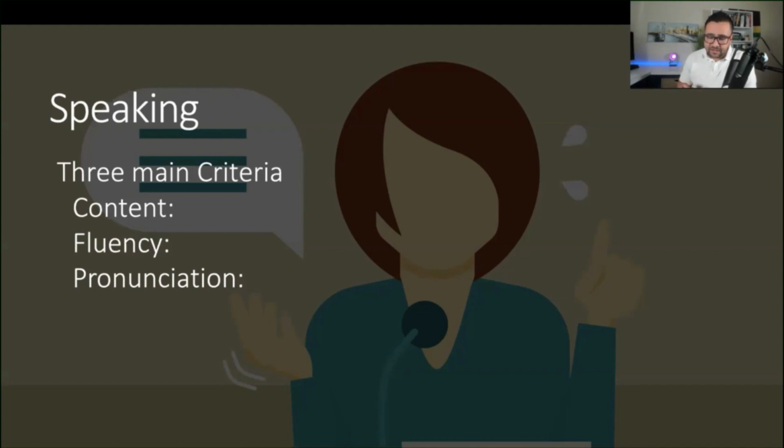Then after that, you have to know how fluency needs to be maintained, what is fluency and how it needs to be maintained. And then at the end, you also have to know about the pronunciation, how to pronounce the words and what happens if your pronunciation is not correct, or which kind of words you really need to learn to pronounce well, and so on. So let's go through the questions one by one now.